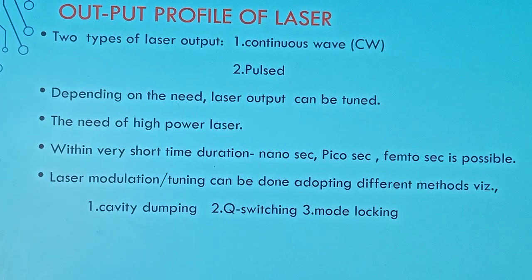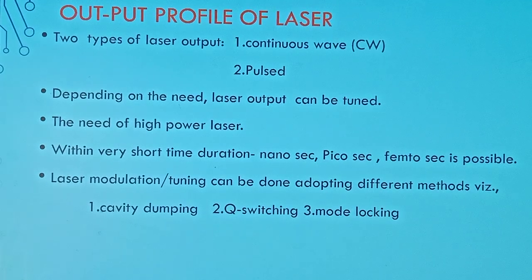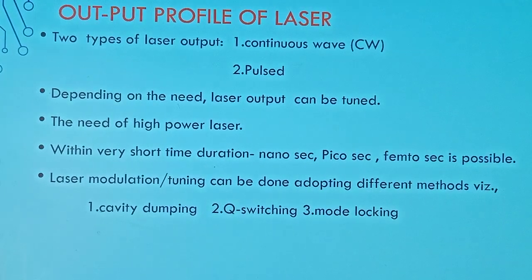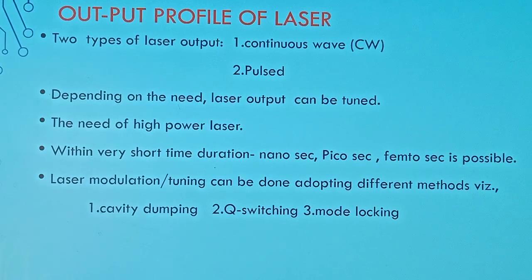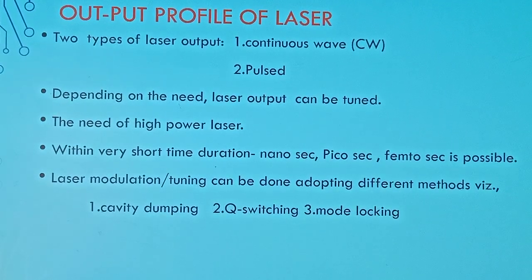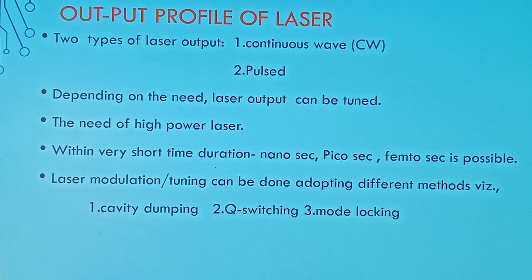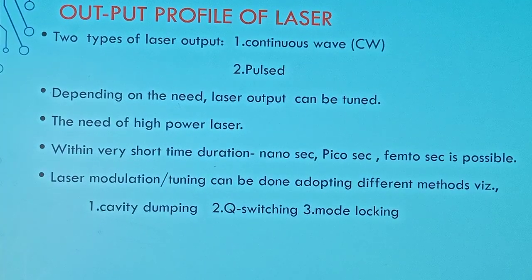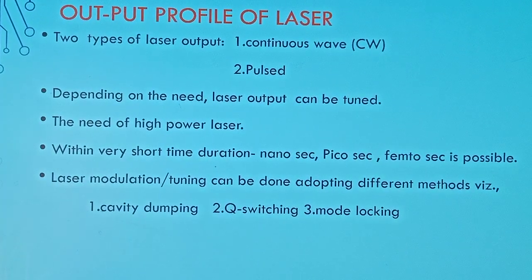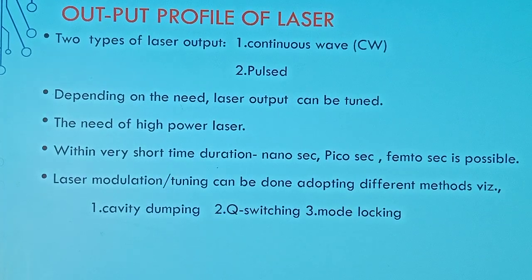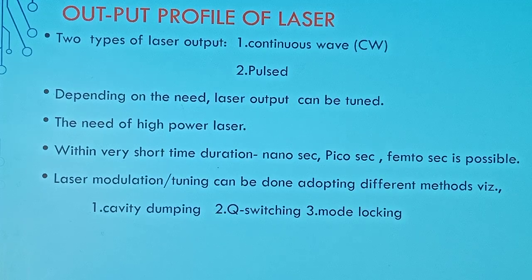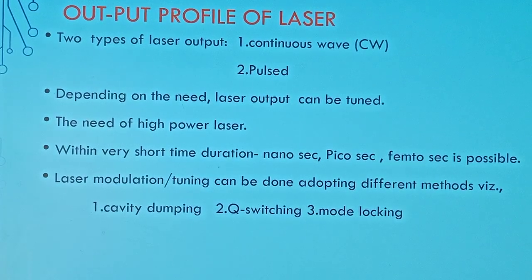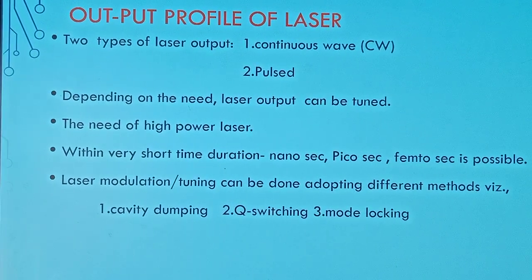The process of doing this is known as laser modulation or laser tuning. There are various methods of doing this. One is cavity pumping, the other Q switching, and the third mode locking. In this class we will focus on mode locking and Q switching only.